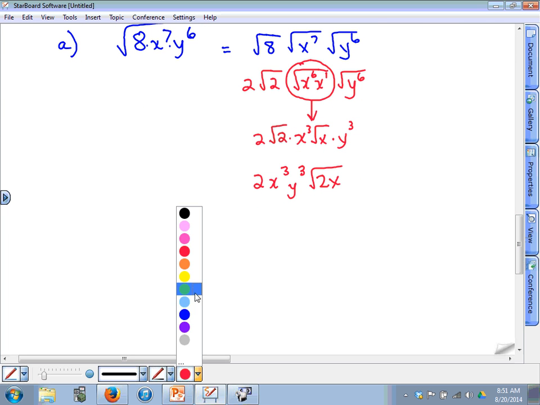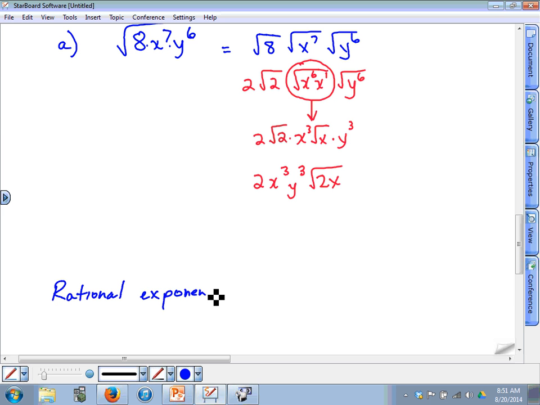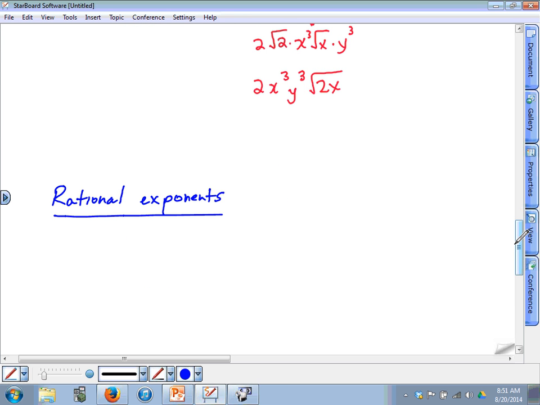Let's go on to the very last thing. Rational exponents. We got to breeze through this in about 4 minutes. Here's the property.